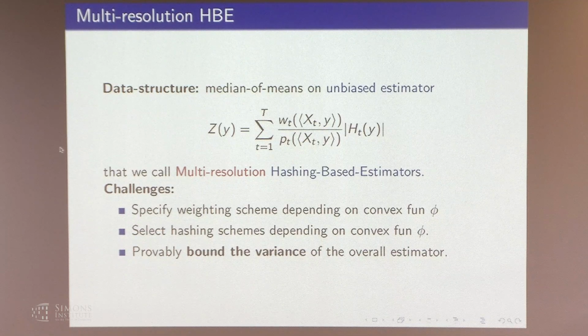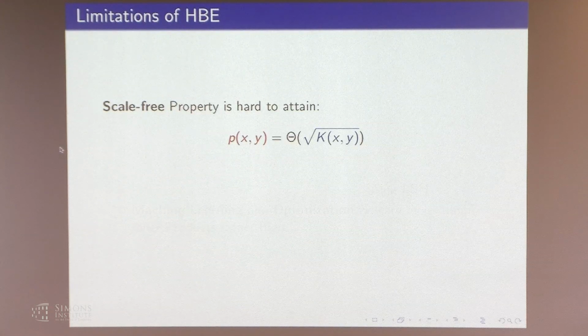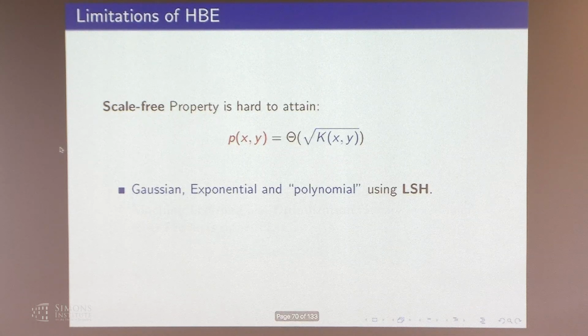Okay, so maybe I'll give you a flavor of how it's done, right? Of a sort of a cartoon version of how it's done, rather than really giving you any details. So, the main idea is that, look, earlier the key idea was designing one hash family such that the collision probability was proportional to the square root of the kernel value.